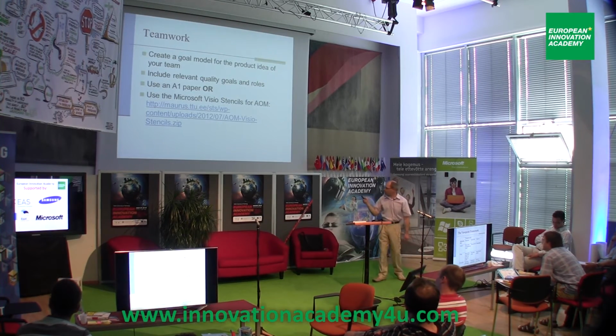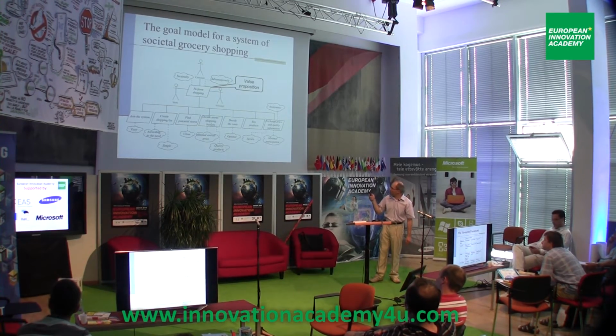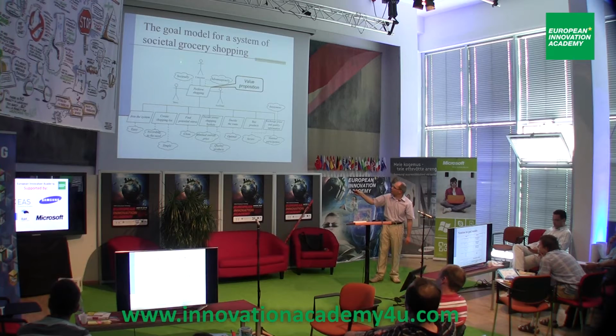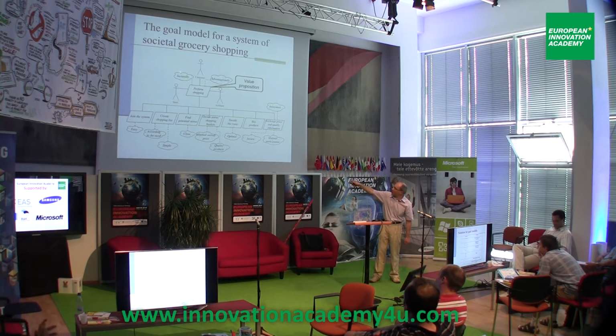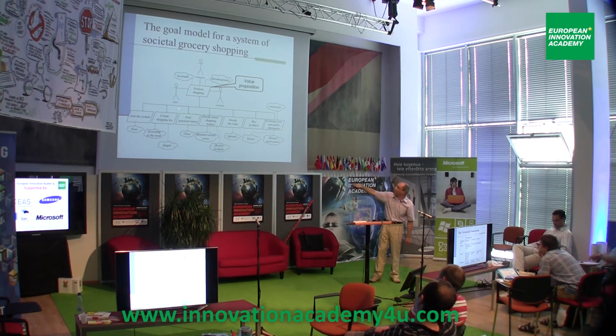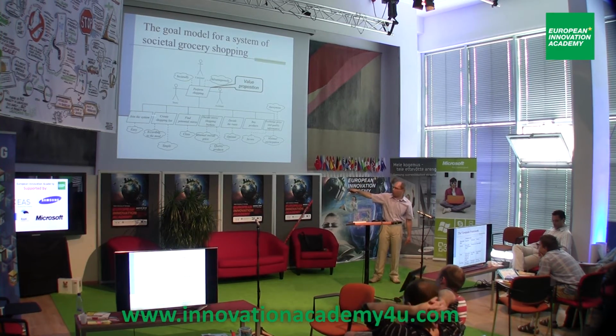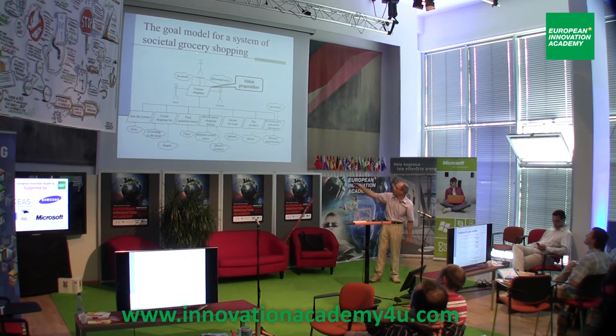And just to help you, I repeat that the way we do it, we relate both quality goals and roles to the highest possible functional goal, meaning that here, for example, I've related the societally quality goal to the perform shopping functional goal, and this means that societally applies to perform shopping as well as to all of its sub-goals. So the same thing is true for roles.